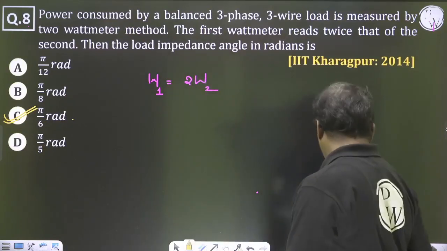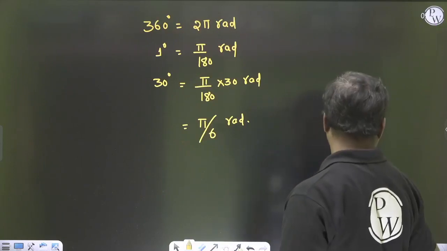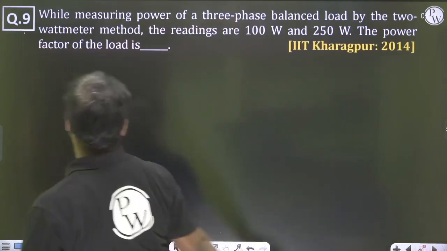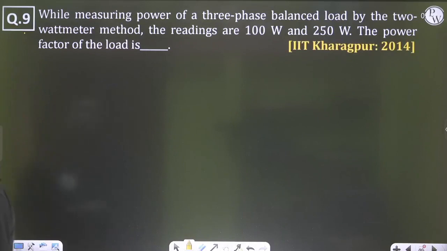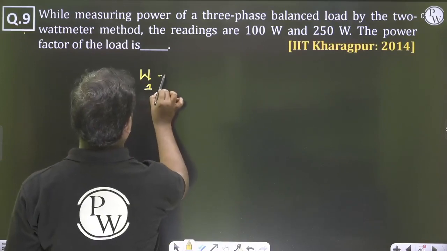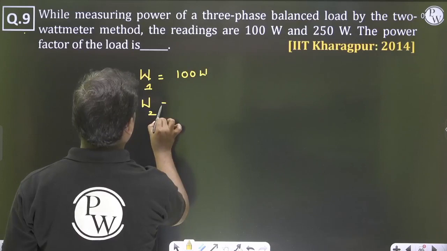Now we'll move to question number 9. While measuring the power of a 3-phase balanced load by the 2 wattmeter method, the readings are 100 watts and 250 watts.